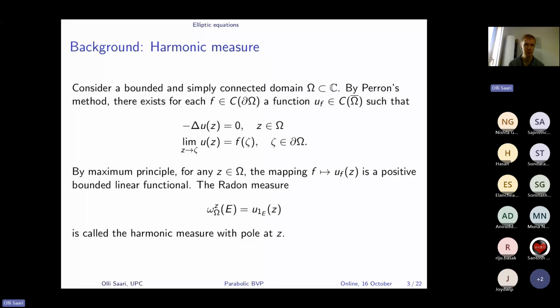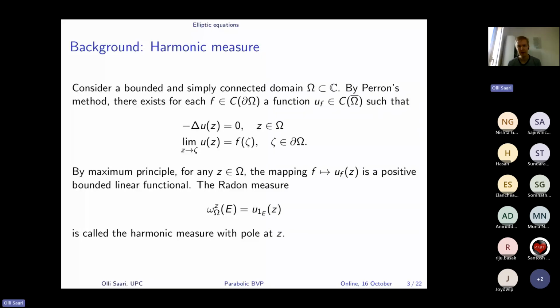This follows from the maximum principle, the boundedness, and positivity also. And now we have bounded linear functional on the space of bounded continuous functions on the compact set. So this is represented by a Radon measure. And this Radon measure is called the harmonic measure with pole at Z.